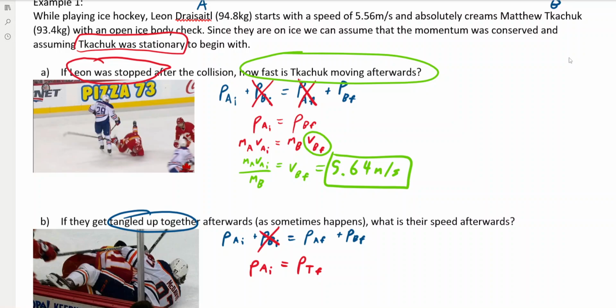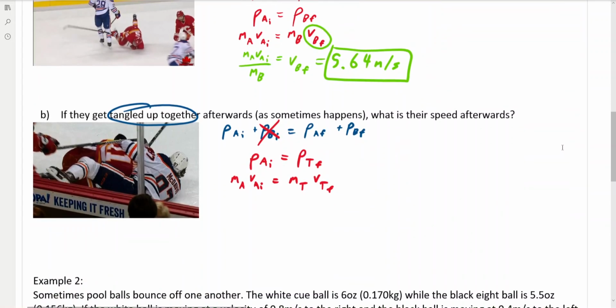Okay, so what we're going to do now is MAVAI, similar to the last question, MT for total, VTF. So we're going to just give it a little bit of space here. And now we're going to, again, realize that we're solving for their speed, their collective speed afterwards.